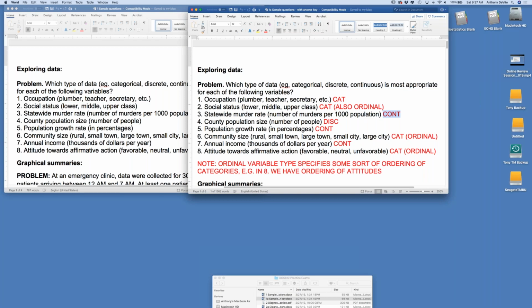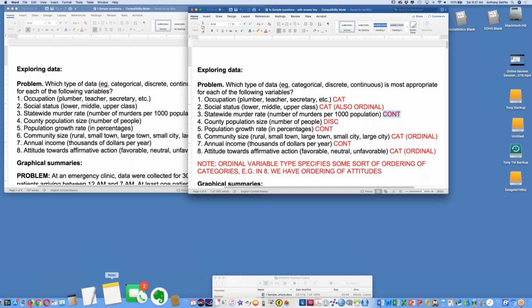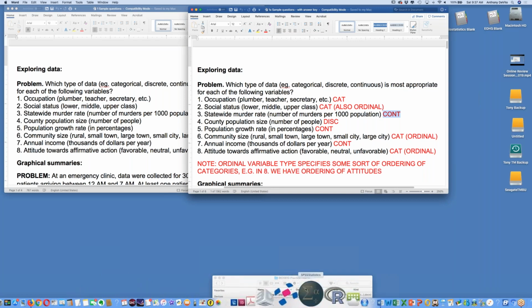SPSS calls them, wait, let me think for a second. Let's see what they call it. Let me open up SPSS and we'll take a look at it. But we're referring to the same kind of variable, something that's a continuous number scale.